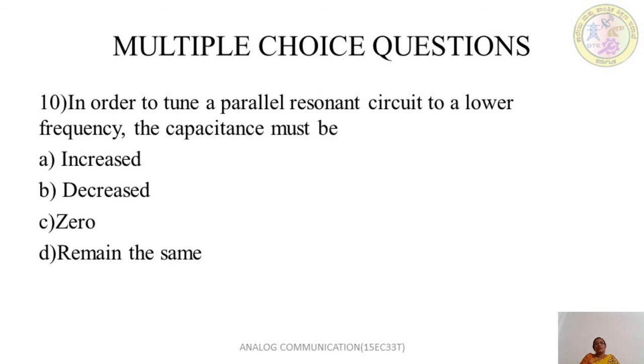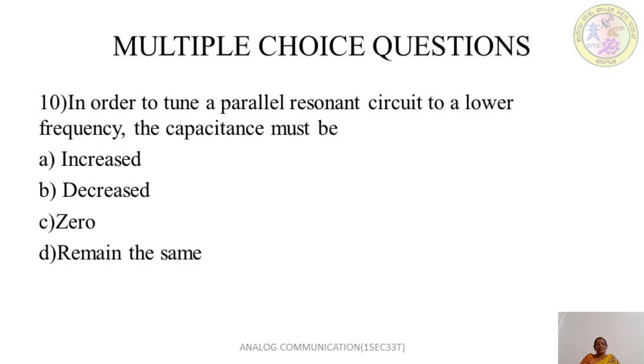In order to tune a parallel resonant circuit to a lower frequency, the capacitance must be increased, decreased, zero, remain the same. To lower the frequency, the capacitance must be increased.